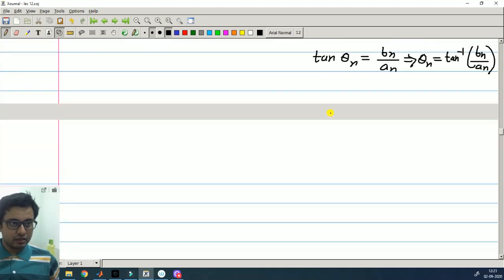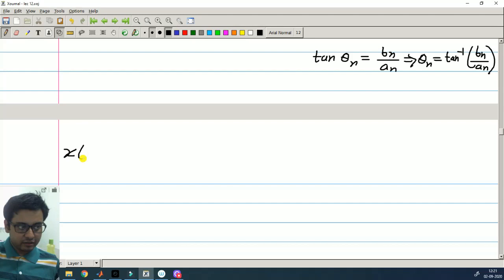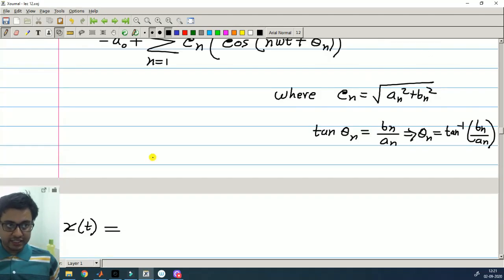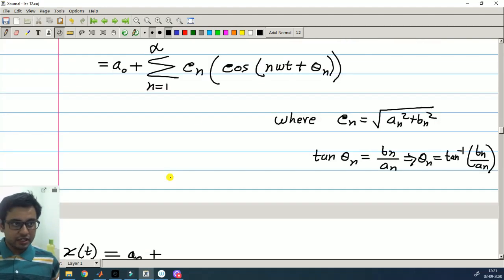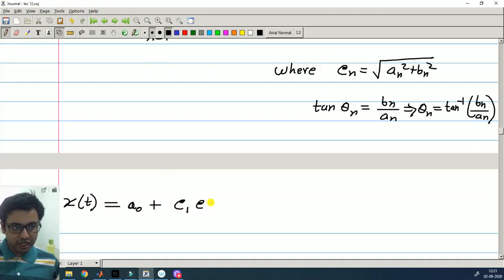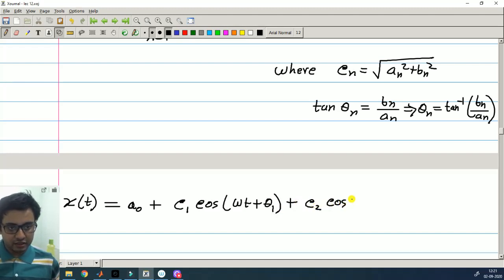That means an arbitrary signal, periodic, and which satisfies Dirichlet's conditions, can be written as a mixture of sinusoidal signals of this form: a0, a constant, plus C1 cosine of omega t plus theta 1 plus C2 cosine of 2 omega t plus theta 2 plus dot dot dot.